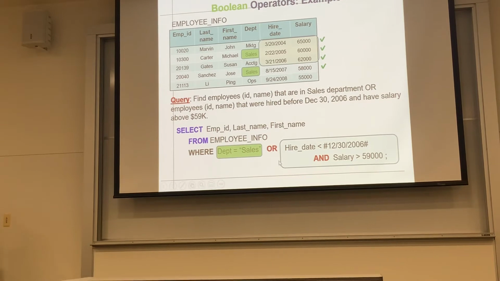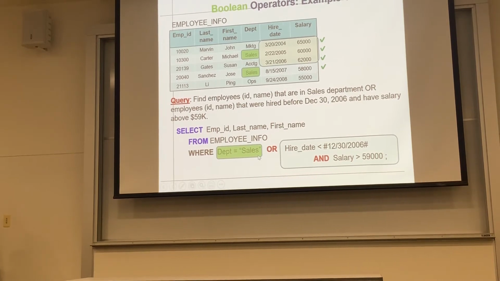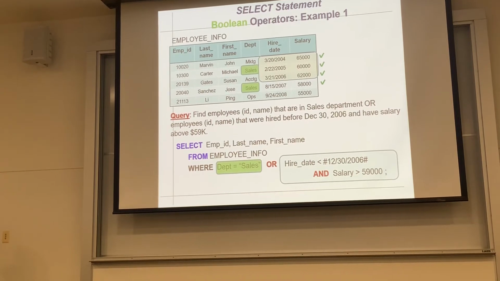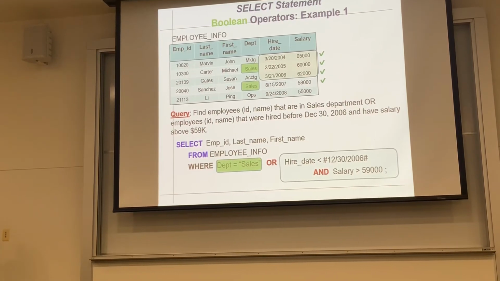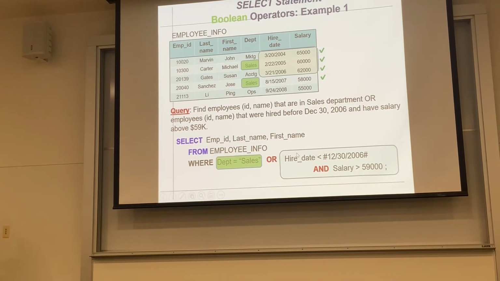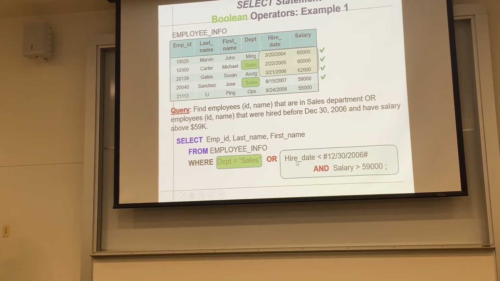So how do you think the parentheses would be if you're looking at order of operations for something like this? Anybody have any ideas? These two are combined, right? Hired before this date and having a salary of this. So these two need to be connected. I needed to look at both a hire date of this and a salary of this. So my parentheses would be around this one, because this is one statement, and then my sales would be around here.